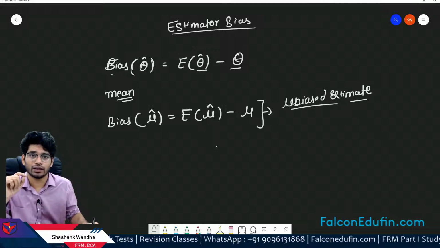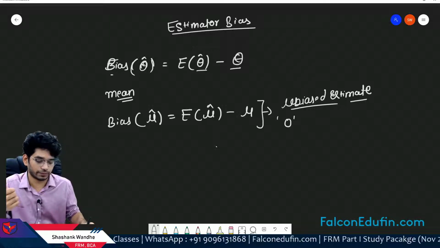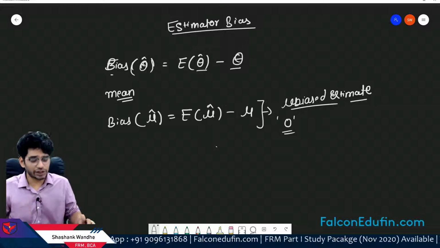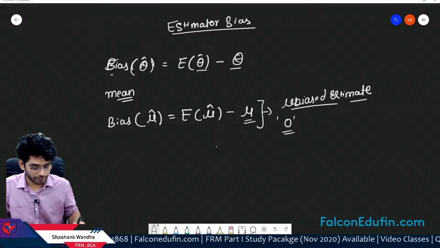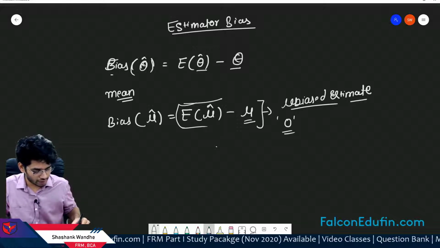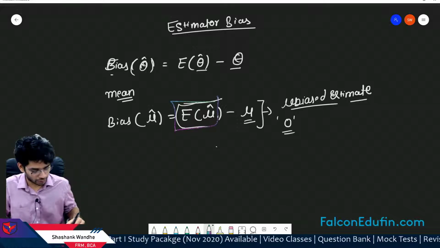So what will happen here? Because we already know this is the unbiased estimate, the value will be 0. Simple. In this equation you already know what mu is, that is the simple mean of the population. You already know what the bias is. The only question is what the expected value of the mean estimate is and how it is calculated.